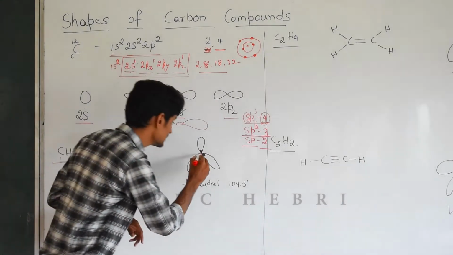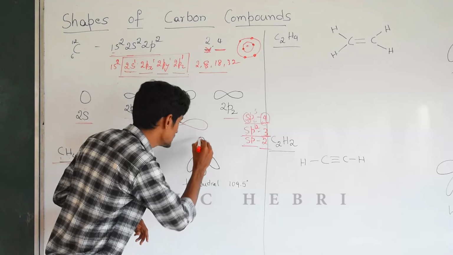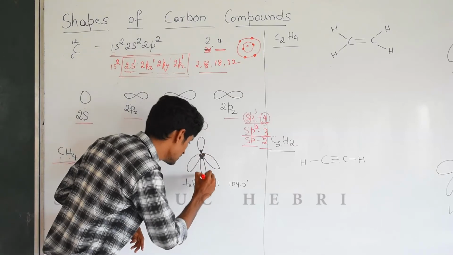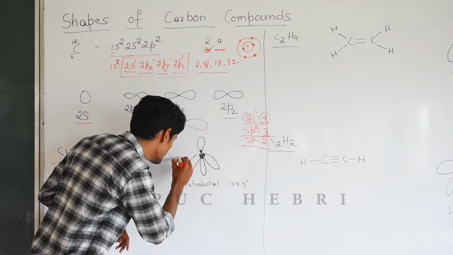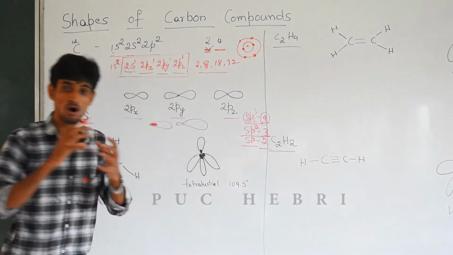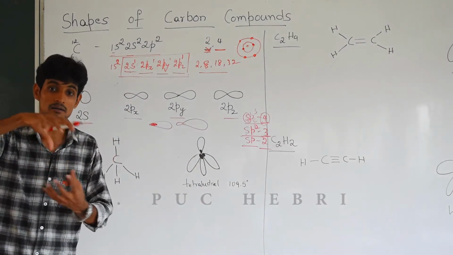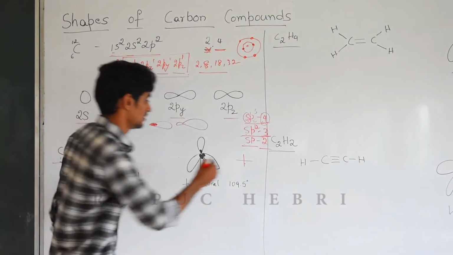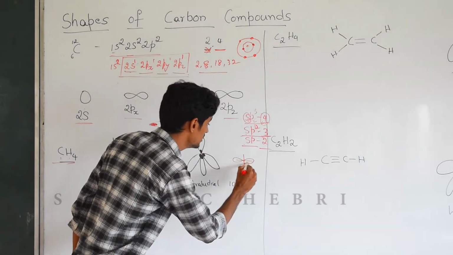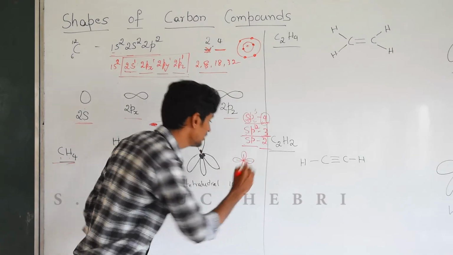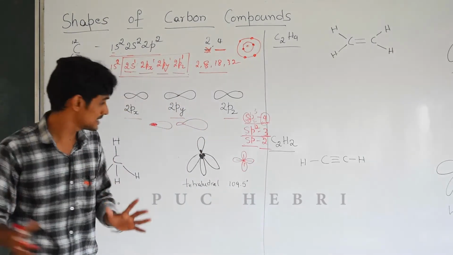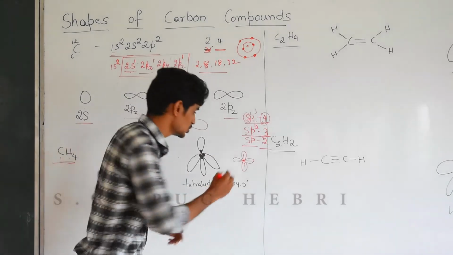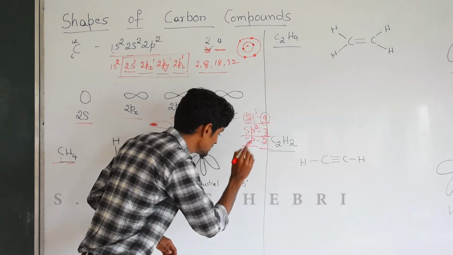Imagine this is in a three-dimensional space. So if this is on the upper side, this will be in the lower, and this will be on this side and here. All four are present like this, at the maximum distance possible.